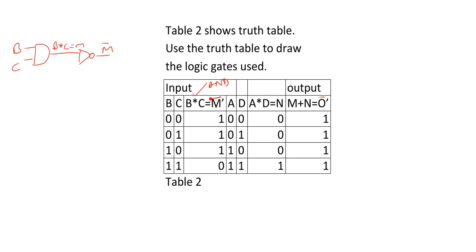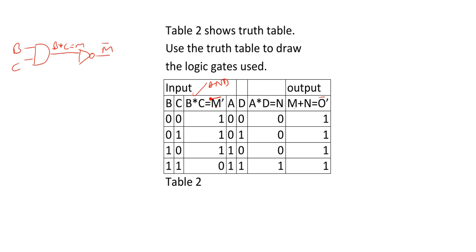Now let's consider A and D. A and D are being passed to an AND gate because this is a logical multiplication. We get N. So you can check the difference here. Here we are complementing the AND operation, but here we are not complementing, because 0 and 0 is 0, 0 and 1 is 0, 1 and 0 is 0, 1 and 1 is 1.